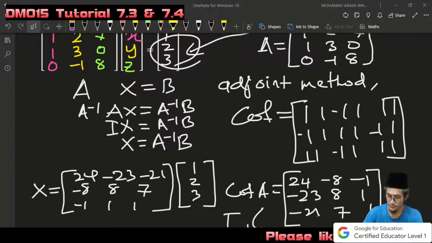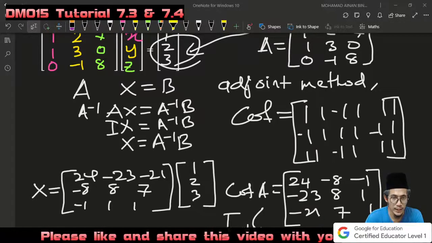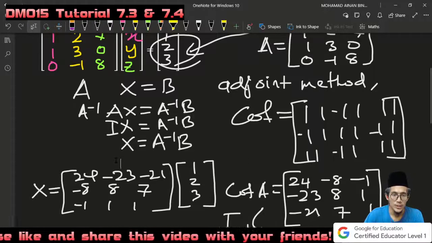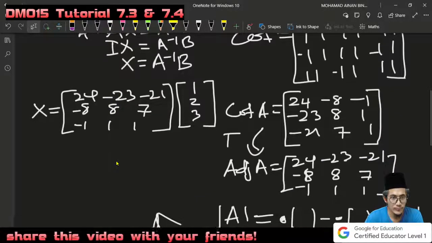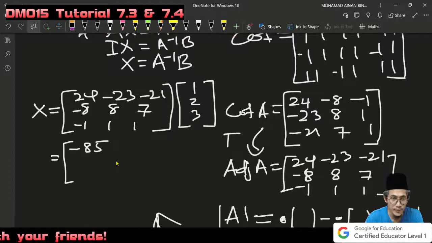Don't worry. Okay, now multiply, kita akan dapat. Okay, now if you multiply this one, you will get negative 85, 29, and 4.